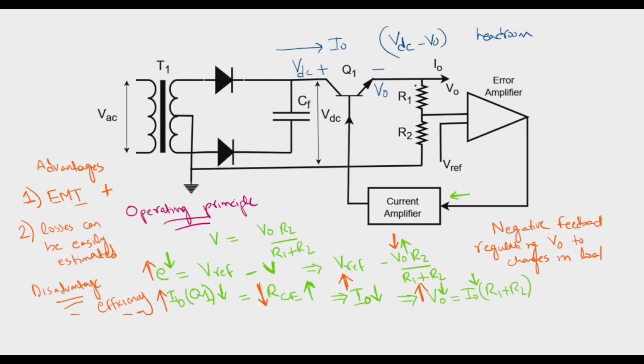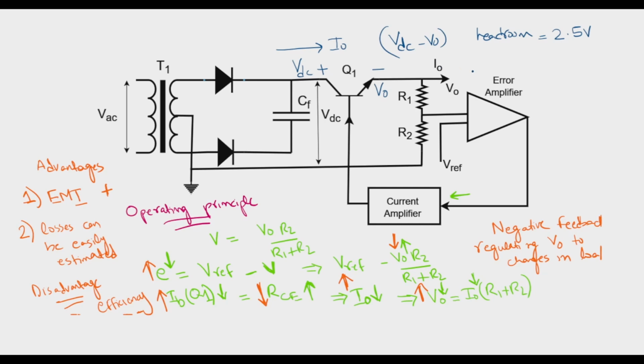And for NPN transistors, this headroom is taken as 2.5 volts. Now we'll see that this limitation of a minimum headroom drastically reduces the efficiency, especially at lower voltages.